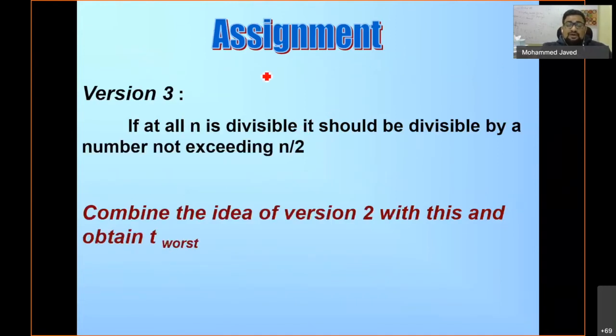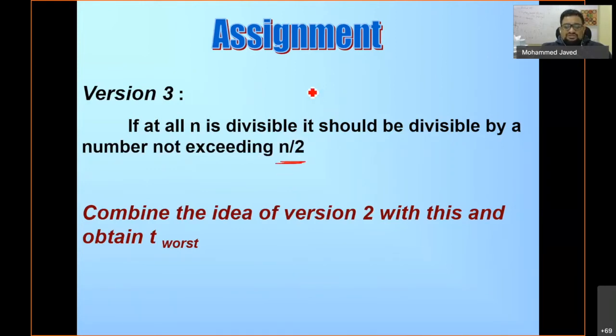So now, considering the same problem, detecting whether the given positive integer is prime or not, a much better algorithm, version 3, can also be designed, right? We get the domain knowledge that if n is divisible, it should be divisible by a number not exceeding n by 2.